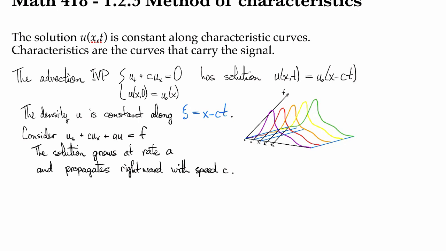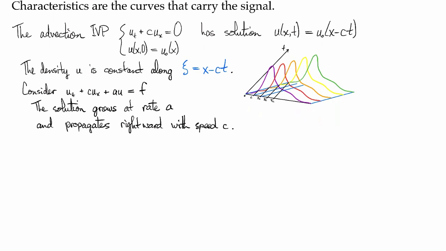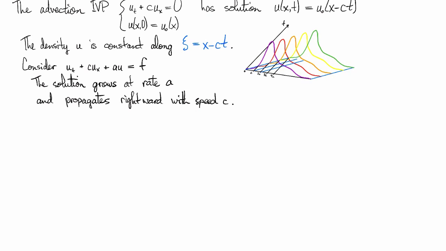All right, so what we're going to do then is switch to a moving coordinate system. So we'll look at the new coordinates where ξ as a function of x and t is just going to be x minus ct, and our new time parameter is going to be τ, and it'll just be t.